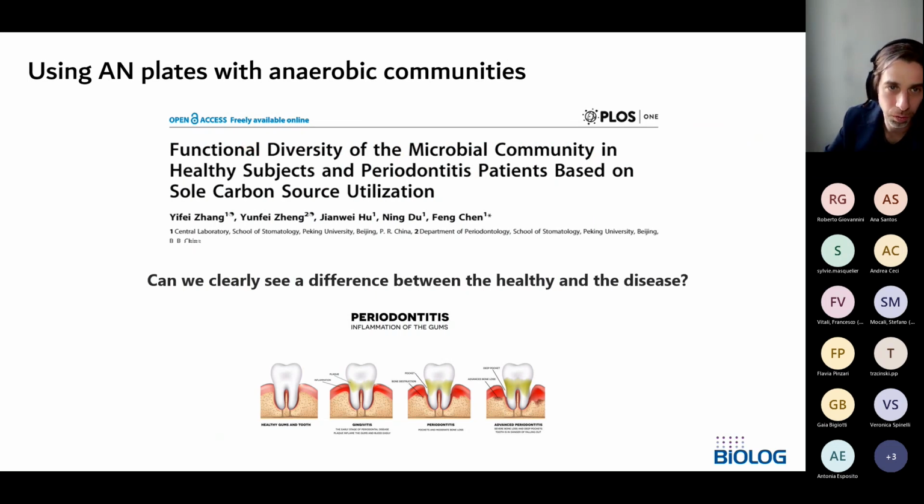The AN plates were used with an anaerobic community, in this case the mouth, again human microbiome, of individuals with or without the disease periodontitis, to see if you could see a difference when you look at the communities of healthy individuals against the people that had the disease, in terms of community structure and 16S.